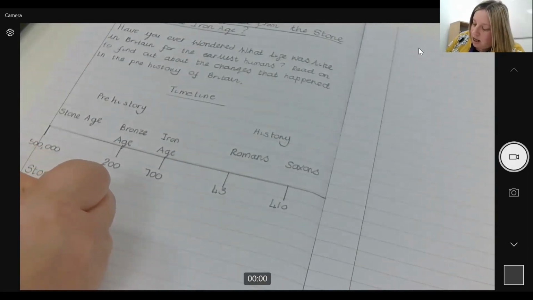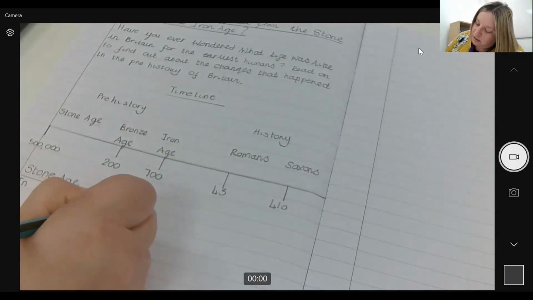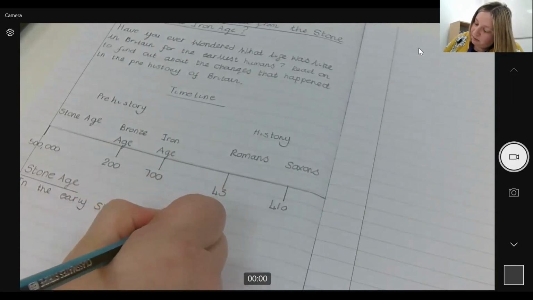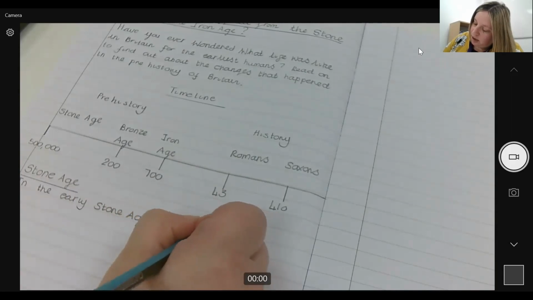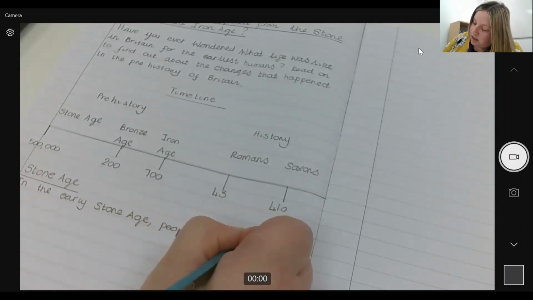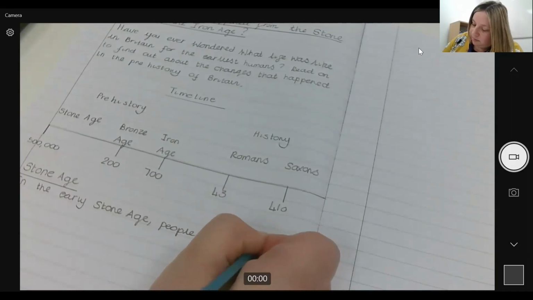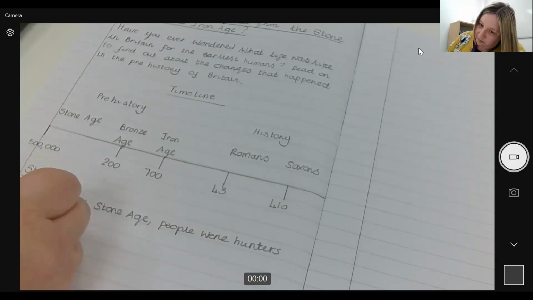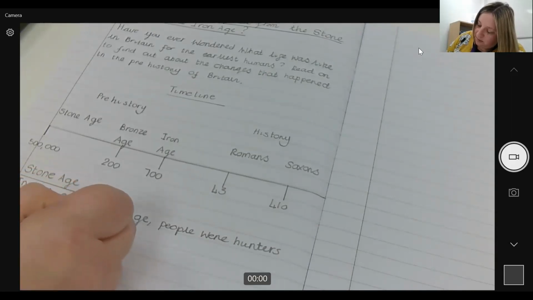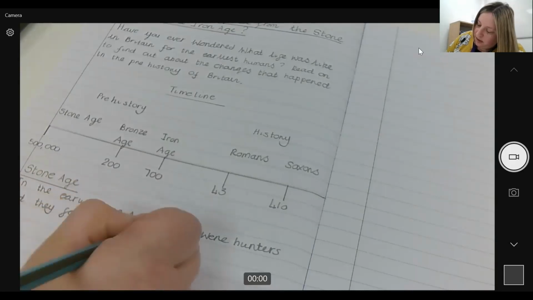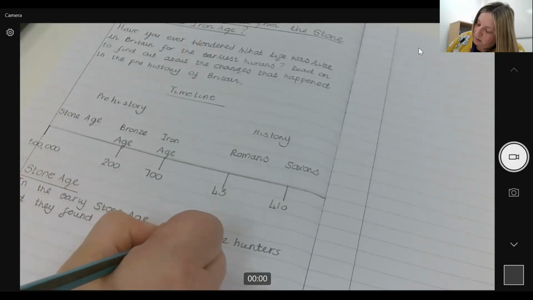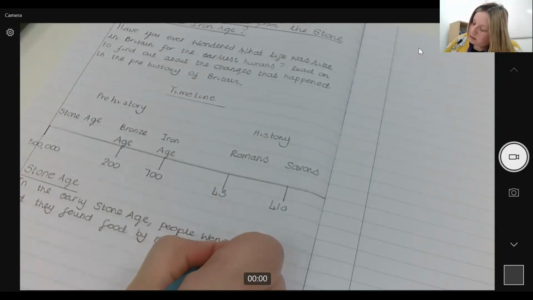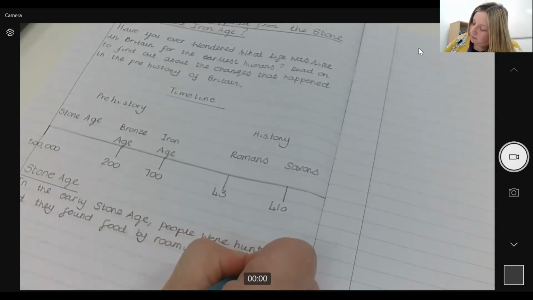In the early Stone Age, people were hunters. And they found food by roaming from place to place in different seasons.